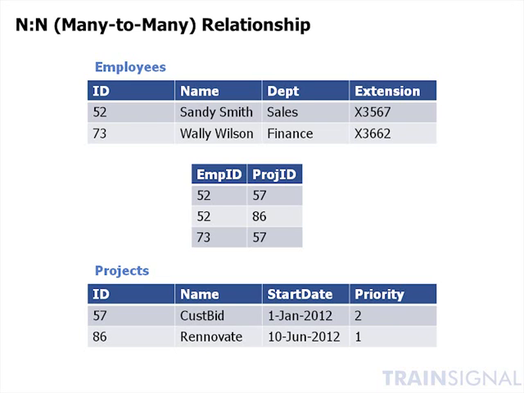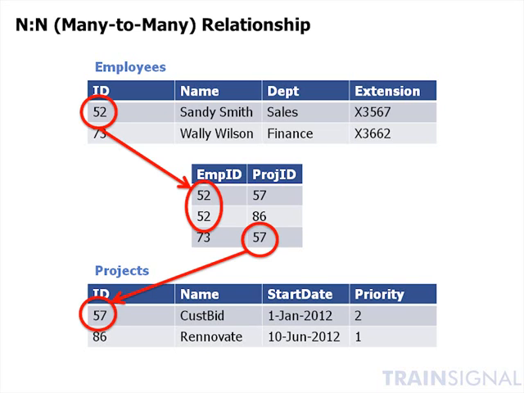The way this is usually created in the database is to have a table in the middle that relates the two sets. So you can see here that I have this employee ID 52 involved in two different projects, and project ID 57 has two employees in it. So this middle table serves to create the many-to-many relationship.